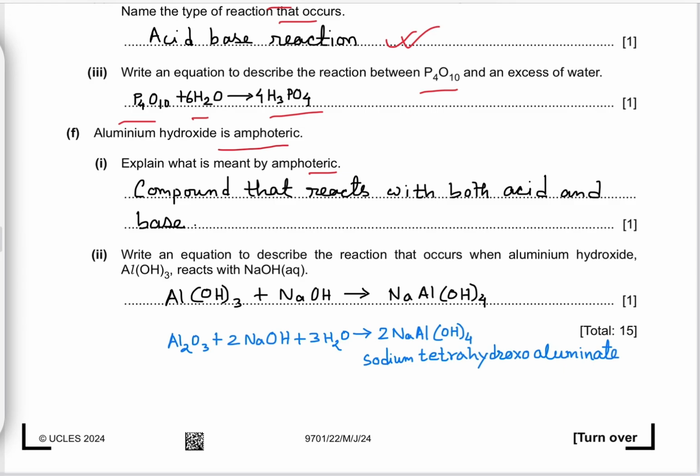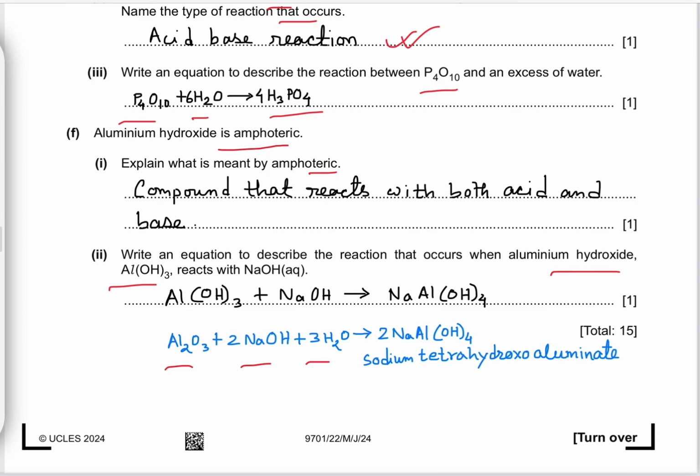2. Write an equation to describe the reaction that occurs when aluminium hydroxide, Al(OH)3, reacts with sodium hydroxide. We already know our equation between aluminium oxide and sodium hydroxide in water, which means aqueous solution.